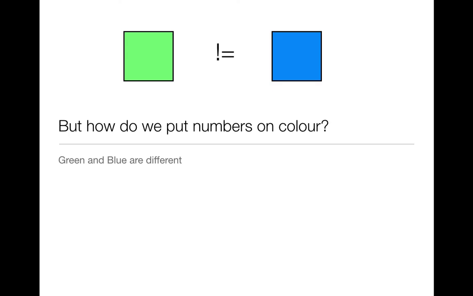But how do we put numbers on colour? That's a bit trickier. We know green isn't the same as blue, but is green more of something than blue? What's that something? I mean, green is more green, but apart from that, how do we organize color?